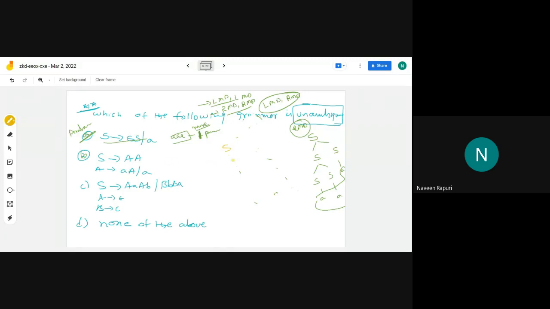S derives A. For the first A, I am writing small a, and then A. Again S derives A. For the first A, I am writing small a, and for the second A, I am writing A. So here also, this structure is different from this structure for the same string. That's why this is also ambiguous grammar.